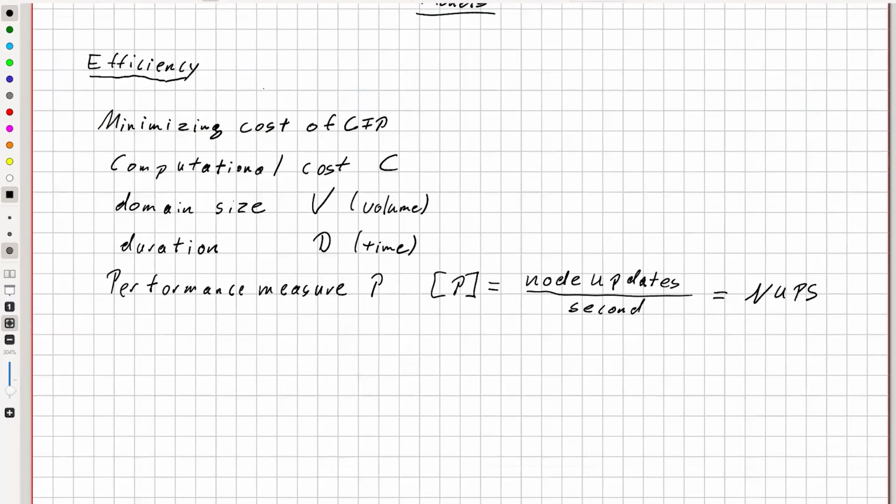And this is basically calculated as P is the number of lattice nodes times the time steps that you want to calculate divided by the wall clock time.